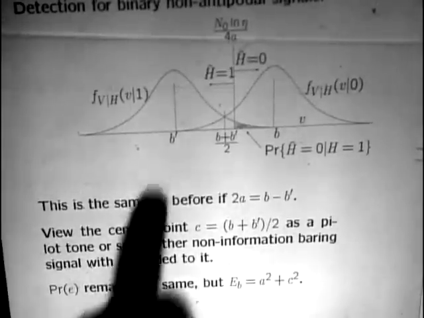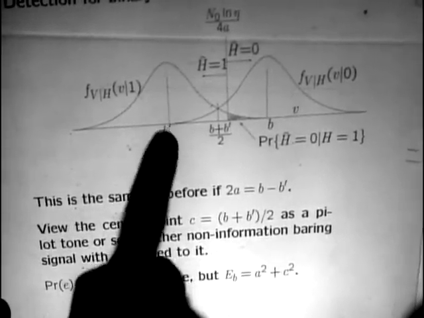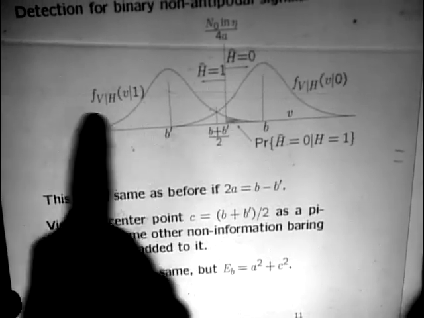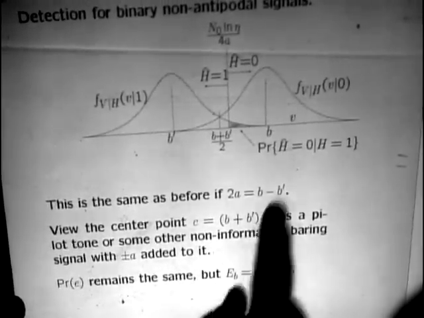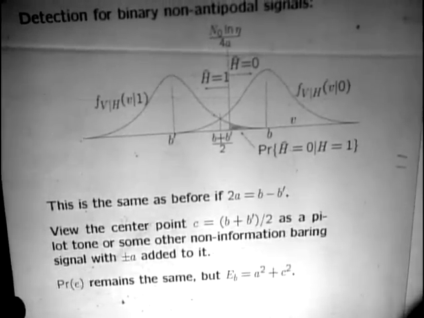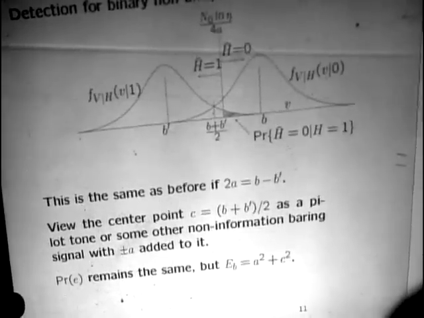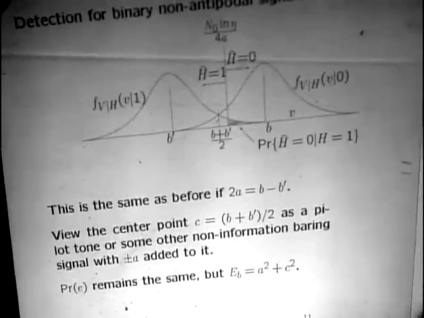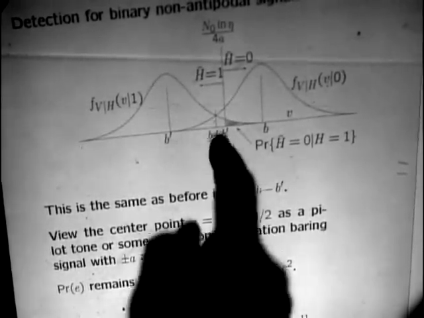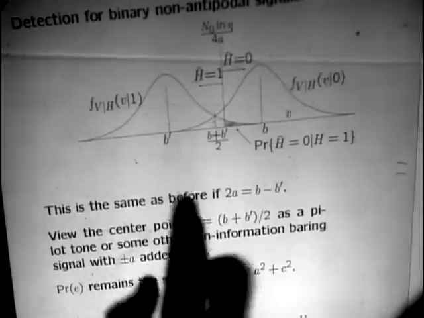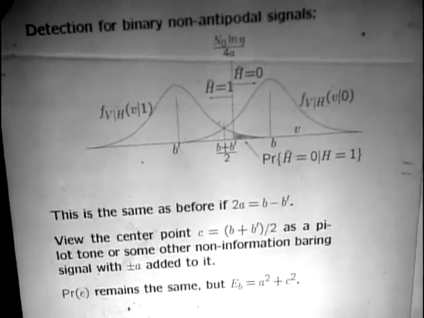Well, when I send this point, the likelihood conditional on this point being sent is this Gaussian curve centered on b prime. When I send b, the likelihood is a Gaussian curve centered on b. And it is, in fact, the same curve that we drew before. If, in fact, I replace 0 with the center point between these two, which is b plus b prime over 2.